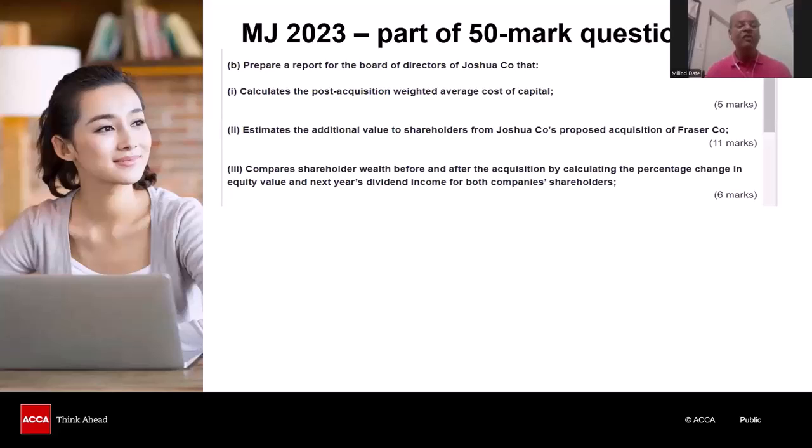You are supposed to calculate the post-acquisition weighted average cost of capital. So this is a simple calculation, and that's why it's only for 5 marks. Don't spend too much time on this, but be very clear when showing your workings to the examiner. Then, in this, you're not just supposed to calculate the combined value of equity, but additional value to the shareholders of J company.